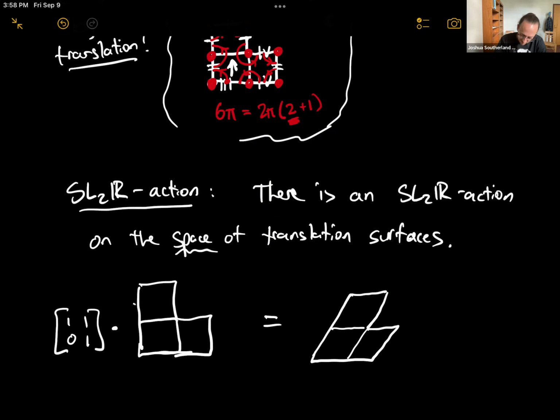Okay, and just notice how these two sides were identified, but since these linear transformations take parallel sides to parallel sides, the identification is respected. Right? So after these move, they're still parallel. The identification is still there.